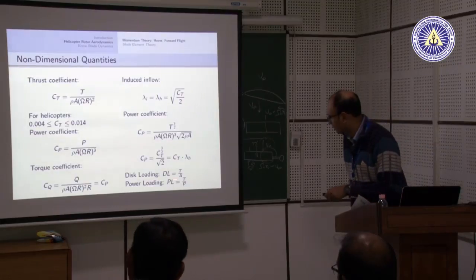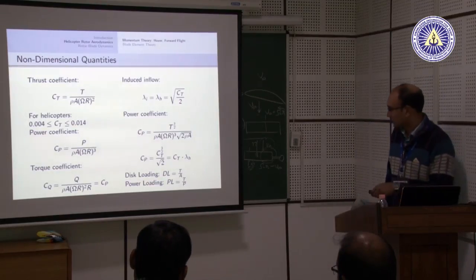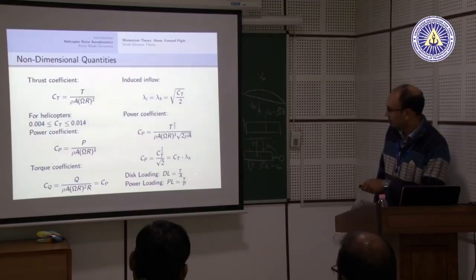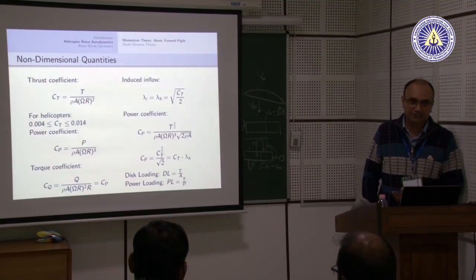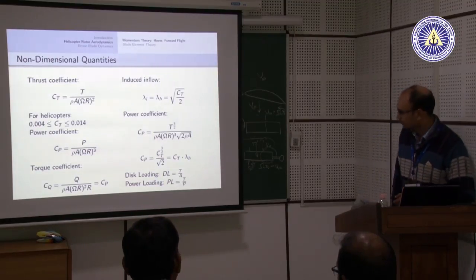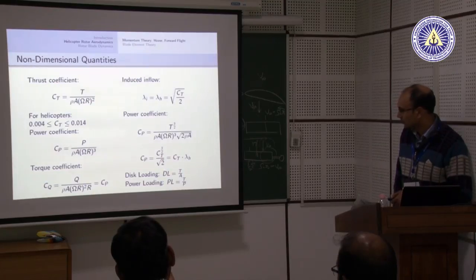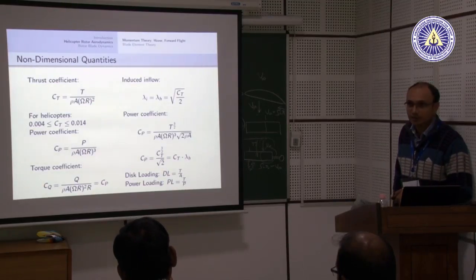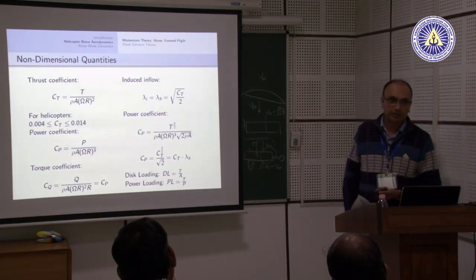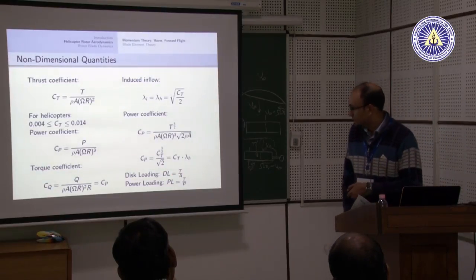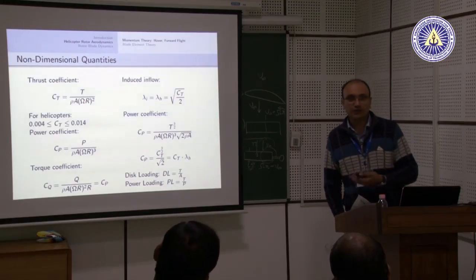Beyond that there are 2 other parameters which may not be that relevant to you, but I nevertheless put them there, because these are more critical for design of the system, not so much for the control. There is something called disk loading, which is thrust per unit of area. In the aircraft community we have something similar called wing loading, that is lift divided by the area of the wings.